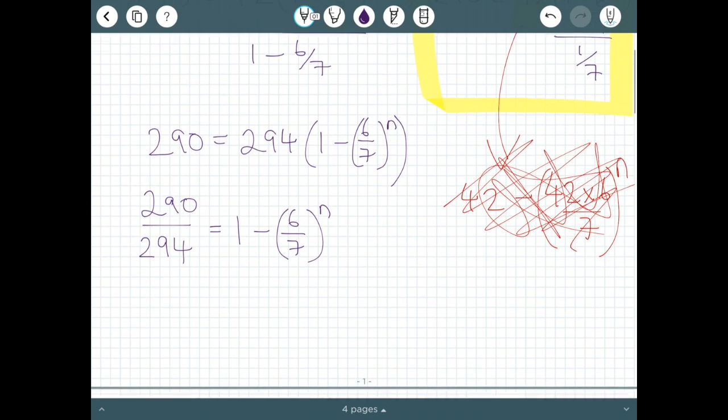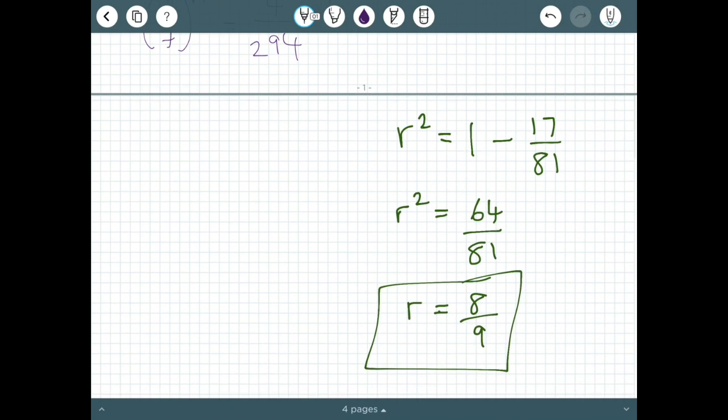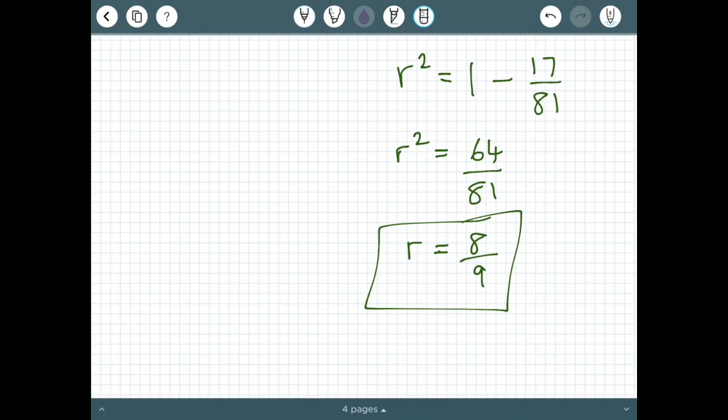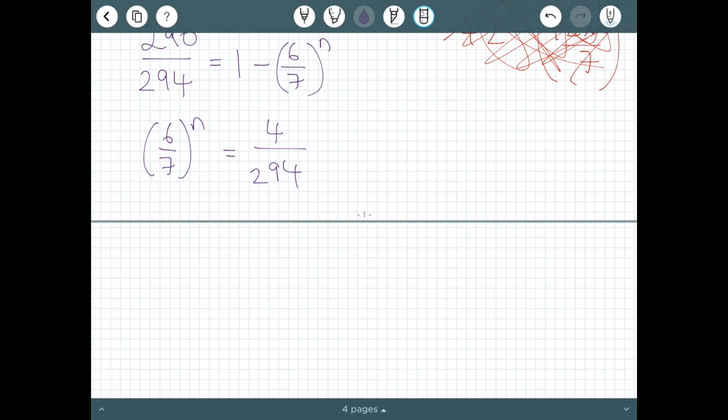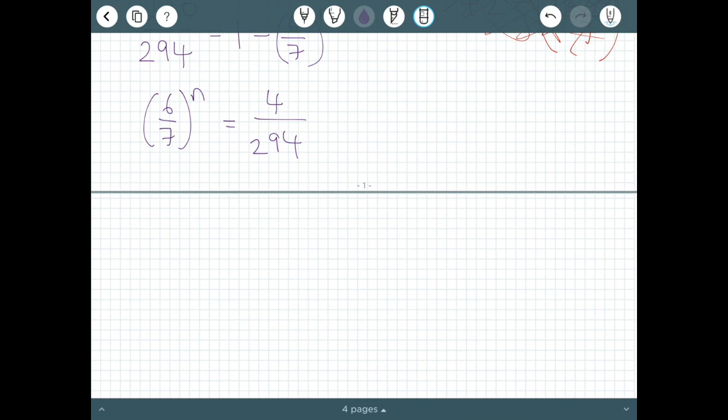When you rearrange everything, making 6/7 to the power of n the subject, you end up with that being 4 over 294. Let me just remove this information because it's not useful. So from here we're trying to find the value for n.